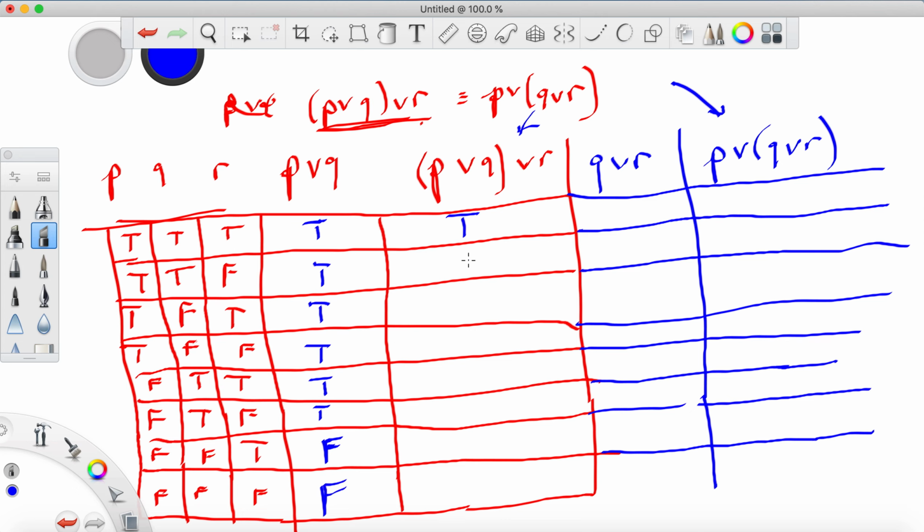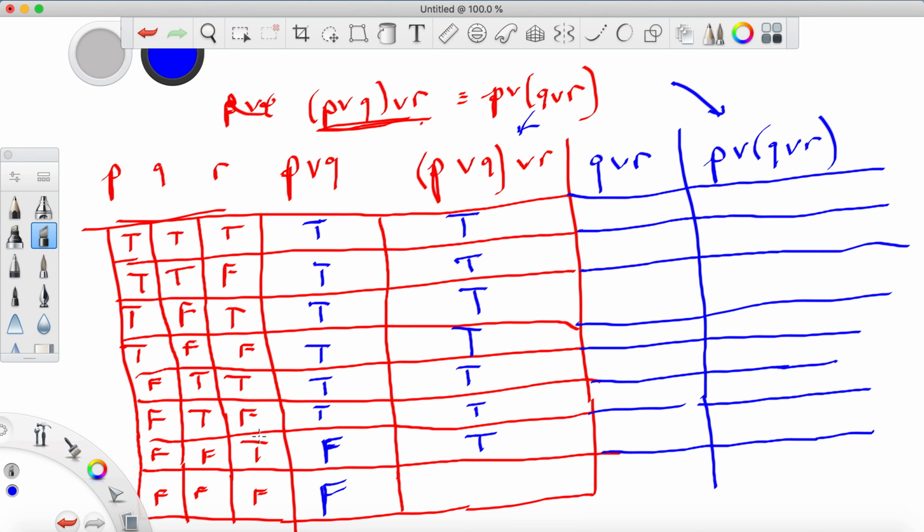These are definitely going to be true. Now we should ask, is this value here going to be true or false? Well, that entirely depends on R, because P or Q is definitely false. So what is R? Here it's true, so that's going to be true.